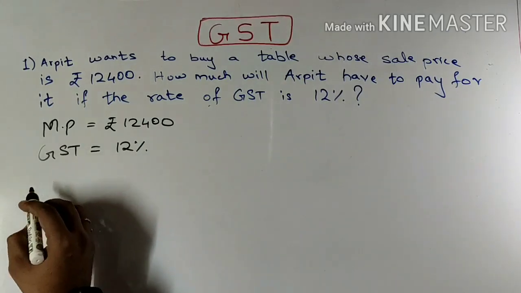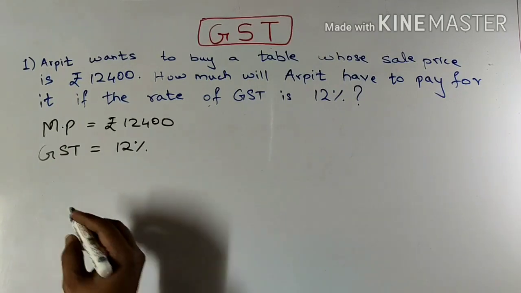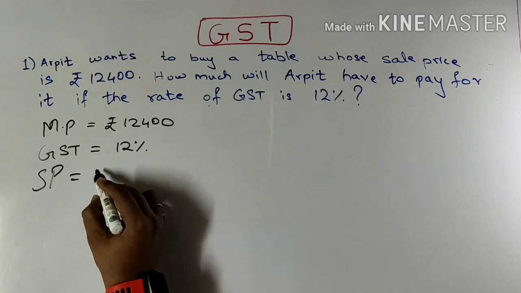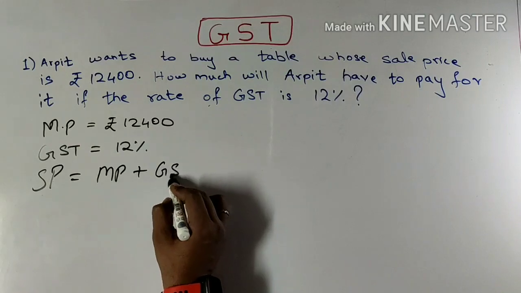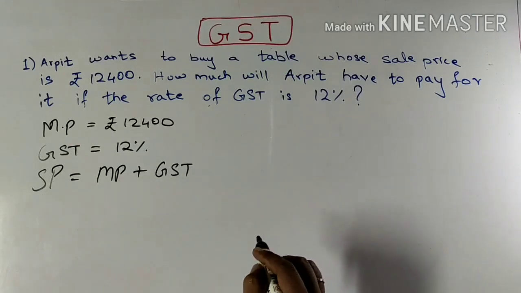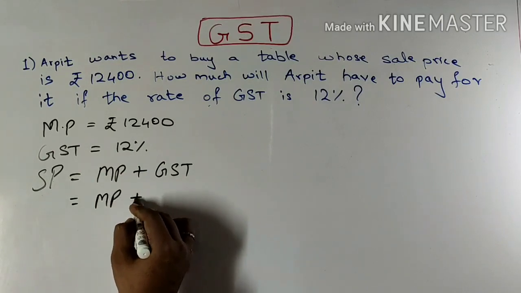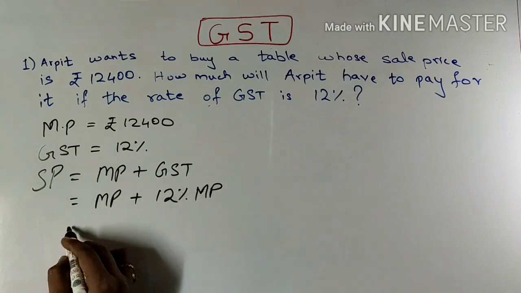So the selling price, or you may call it the purchase price for Arpit, will be marked price plus GST on it, which is nothing but marked price plus 12% of marked price.